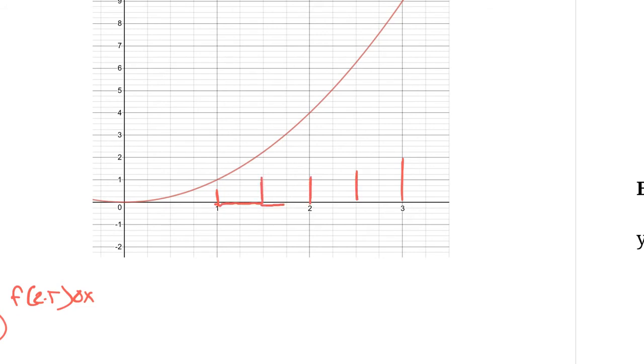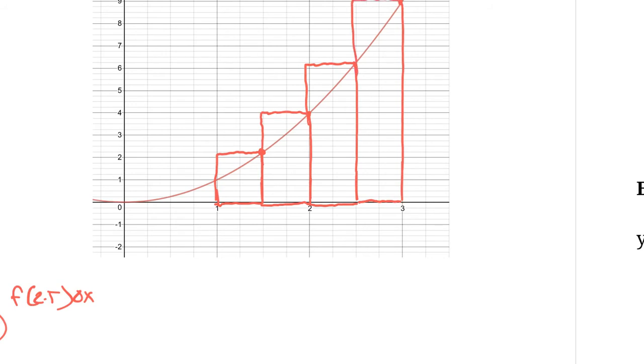Again, usually in a question, you'll be told how many segments to break it up into. But in this case, we're going to make the rectangles go up to the right side. So here, the function goes up to the right side. So that's the rectangle we're going to make. Here it goes right here. So we evaluate at 2, at 2.5, and at 3.